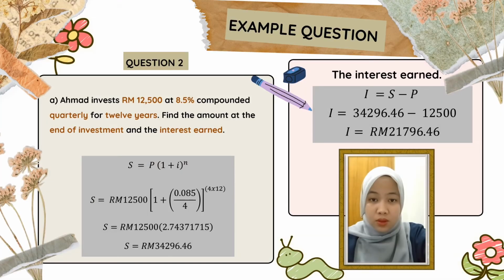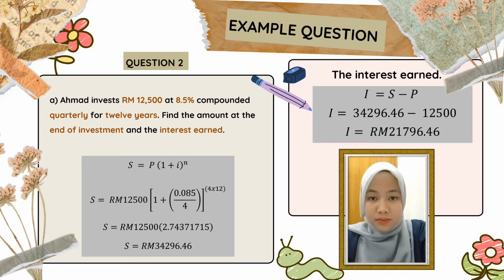Question 2. Ahmad invests RM12500 at 8.5% compounded quarterly for 12 years. Find the amount at the end of the investment and the interest earned. S equals RM12500 bracket 1 plus 0.085 over 4 bracket power 4 multiply 12.